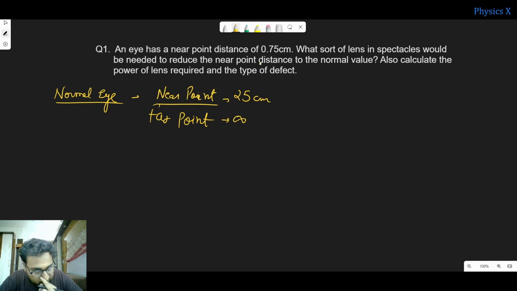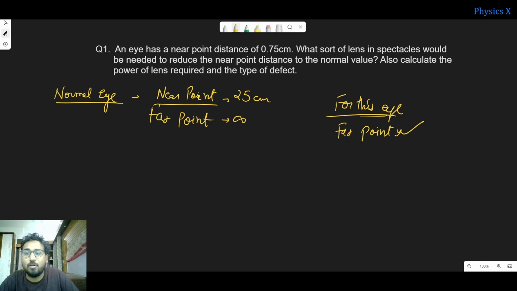So what is near point? Closer than this distance, the eye won't be able to see anything. That means the near point is disturbed. The far point is fine; for this eye it is infinity only.